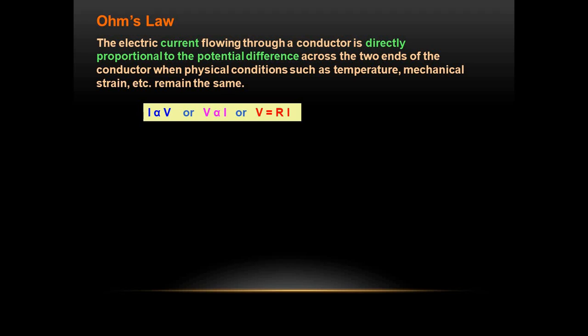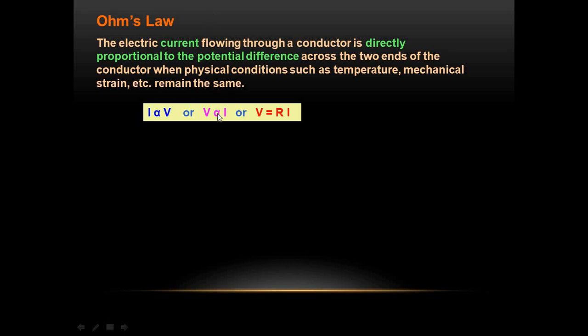Here the physical conditions mean external factors such as temperature, mechanical strain, the straightness of the length, the bending of the wire, the presence or absence of tension, or the presence or absence of a magnetic or electric field around the conductor.